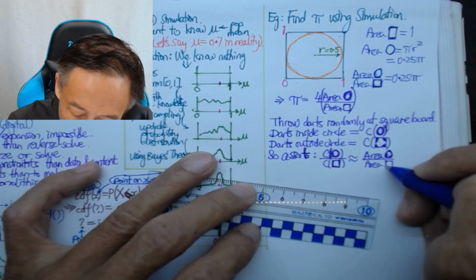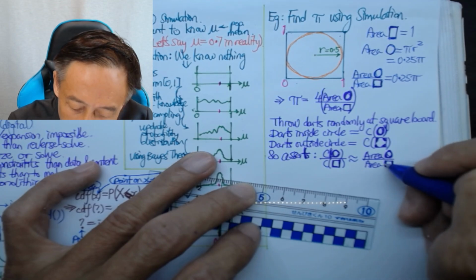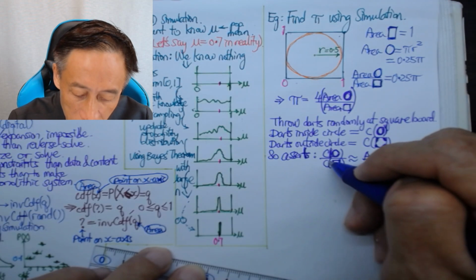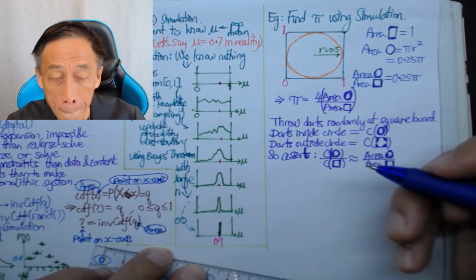Is that okay? Now you see why I want to keep the division by area of square, because we need to count the darts inside the square.